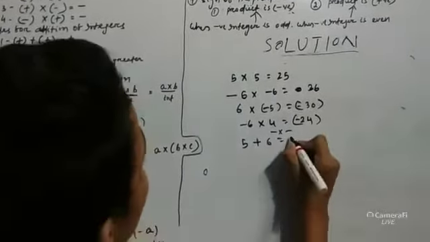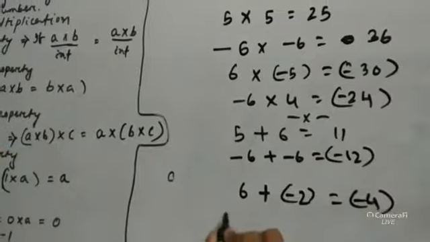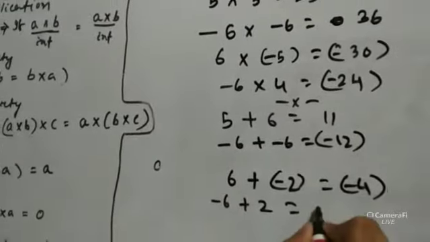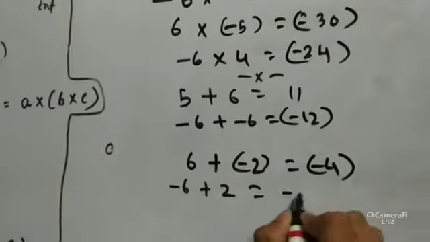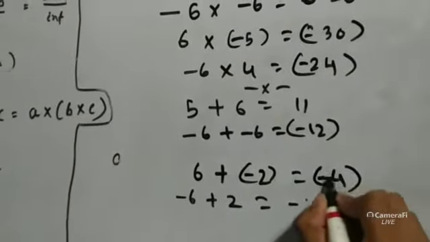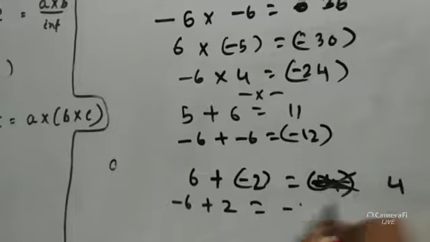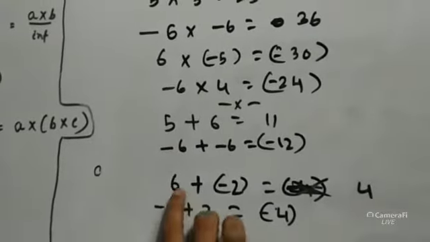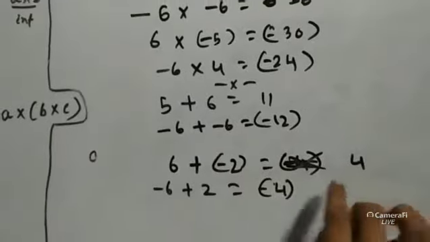Means 6 plus -2 equals 4. Sorry, this one was wrong. First we have to do 6 minus 2, then it will come 4.